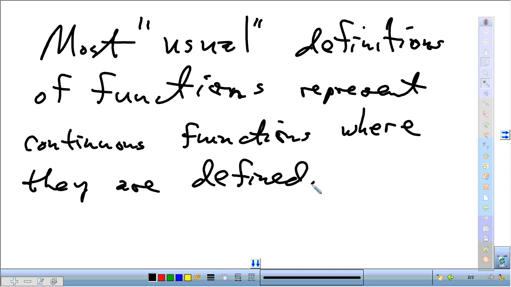So most of the things that you're introduced as definitions or expressions defining functions have this continuity property.